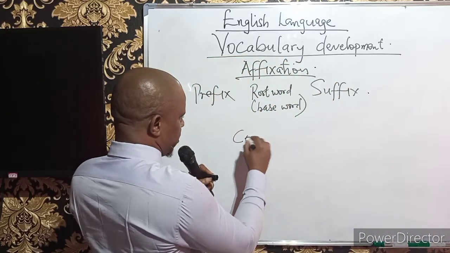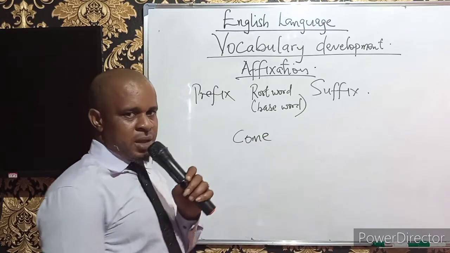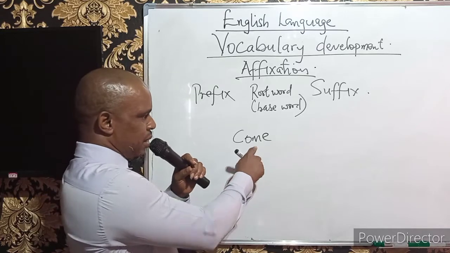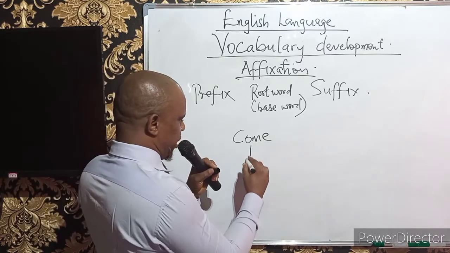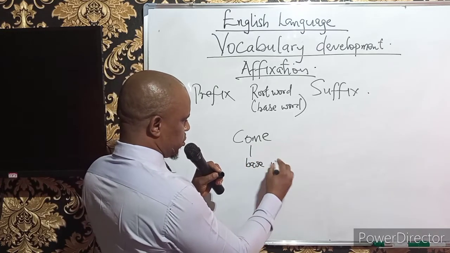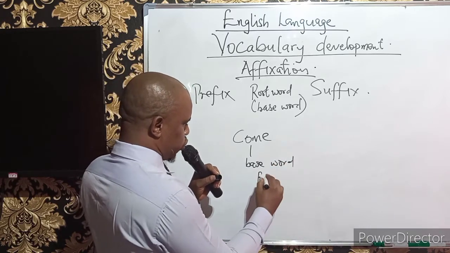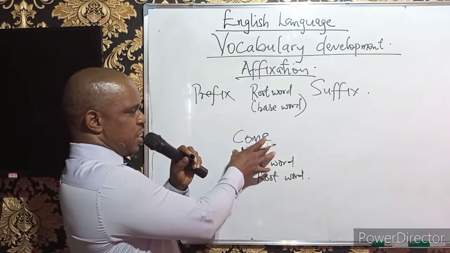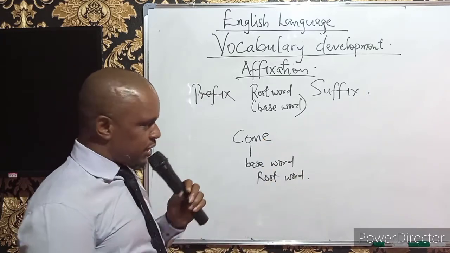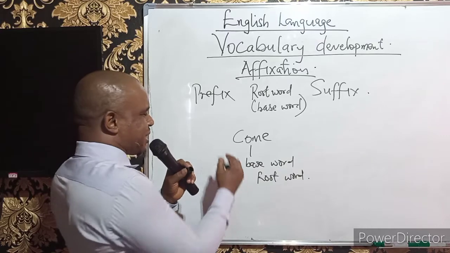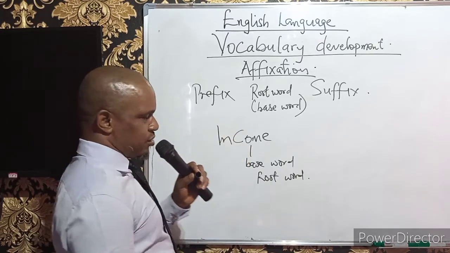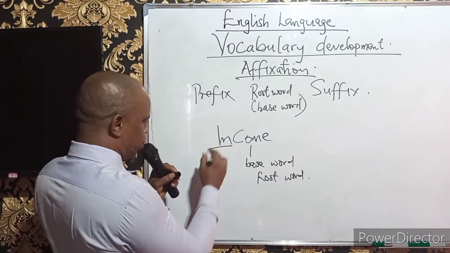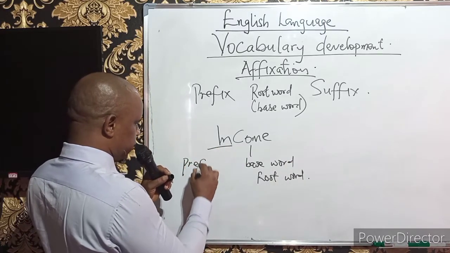In the word come, this is a common English word, come, and this is said to be a base word or root word. Now, this is a base word or a root word, like I said, but by the time we add something like this, that gives us income, and we call this a prefix.